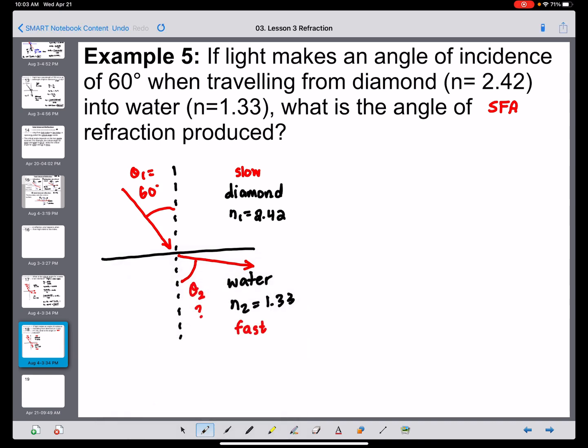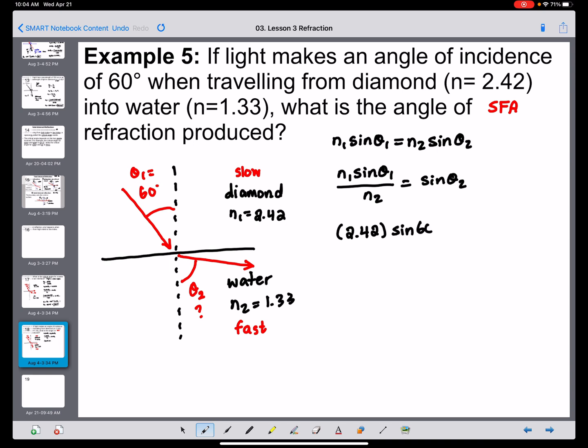Okay, so setting this up again. We have n1 sine theta 1 equals n2 sine theta 2. So n1 sine theta 1 over n2 is equal to sine of theta 2. So n1 is 2.42, sine of theta 1, so sine of 60, divided by 1.33.